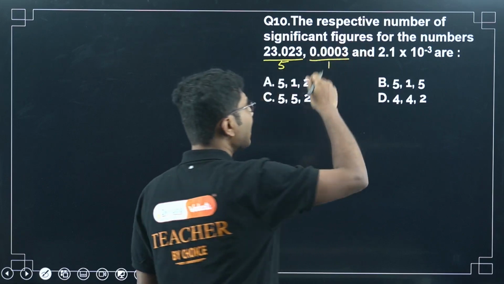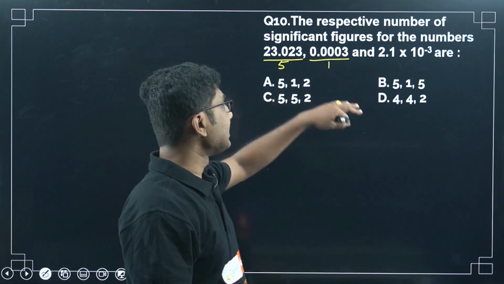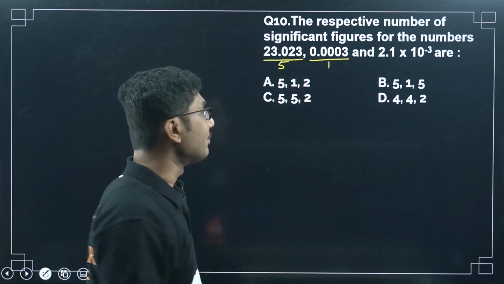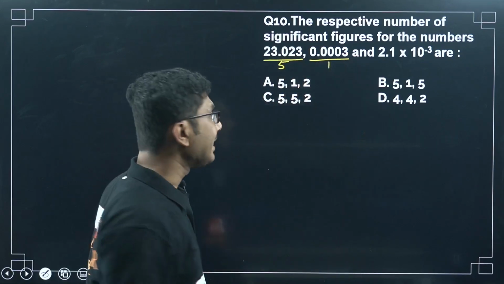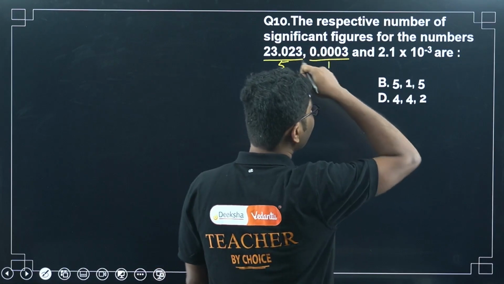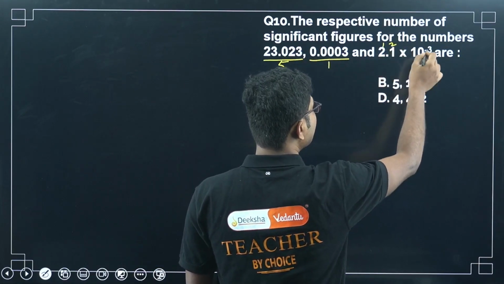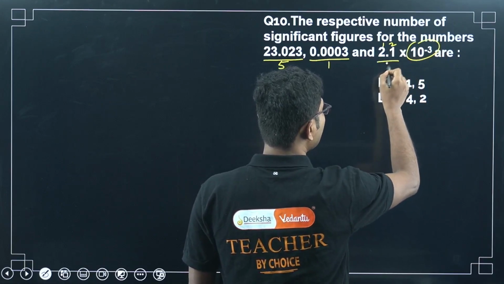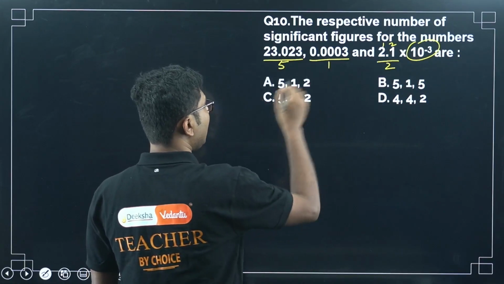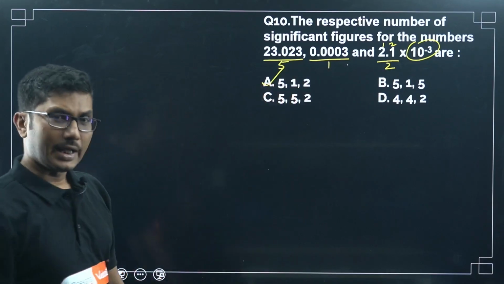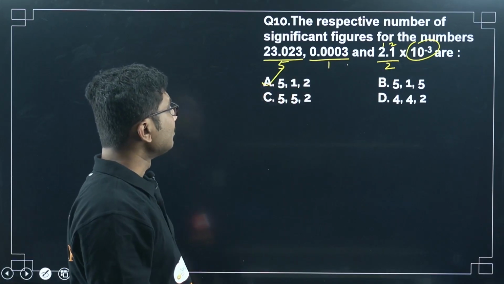These zeros are after the decimal, but there is no non-zero digit before them, so we do not count them, only the 3 we count. So this has 1 significant figure. Now for this one: 1, 2. This zero is not significant, only 2 significant digits here. So 5, 1, 2 is the correct answer, option A. Simple question. Now let's move on to the next question.